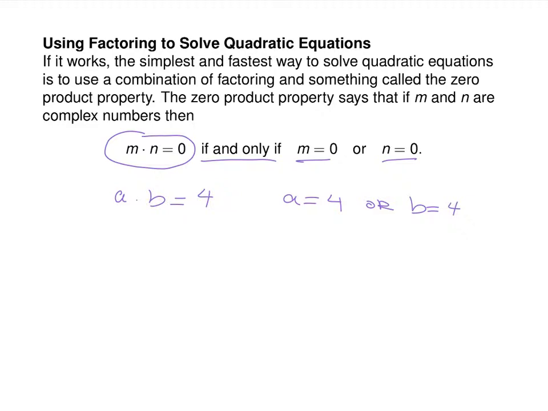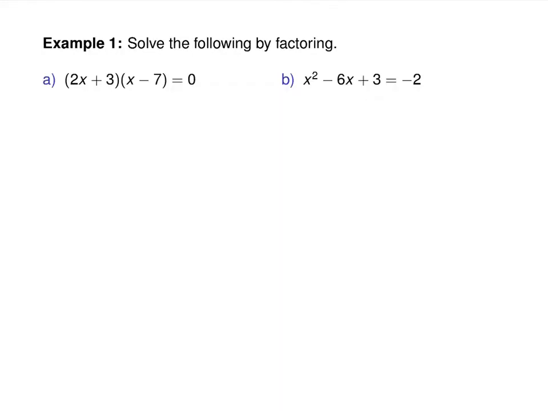So we're going to use that. This one's already sort of set up to go. The way you solve this is you say, well, either my 2x plus 3 could have been 0, or the x minus 7 could have been 0. And generally speaking, almost always, kind of like those absolute value equations, you're going to get two answers in these cases.